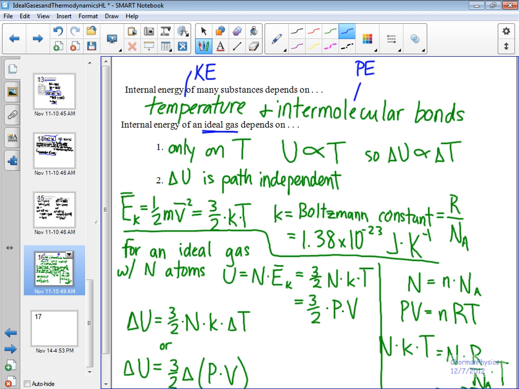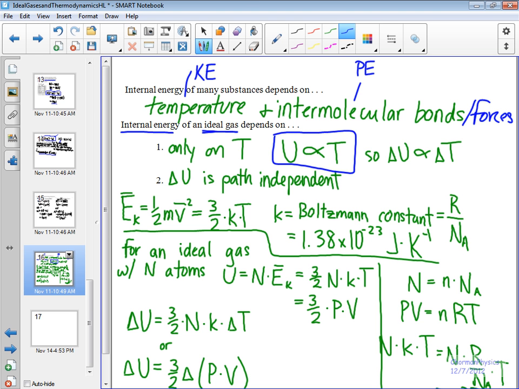And intermolecular bonds, and you know what I'm going to say, slash forces here, add that little piece. So, because there is no potential energy, we only depend on temperature for the internal energy of the substance. Therefore, U is directly proportional to T.